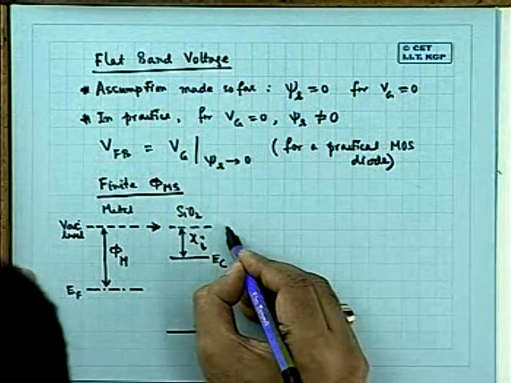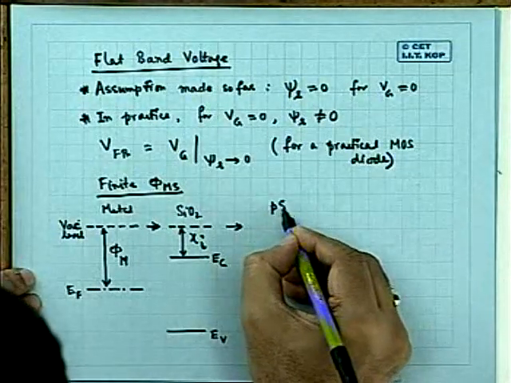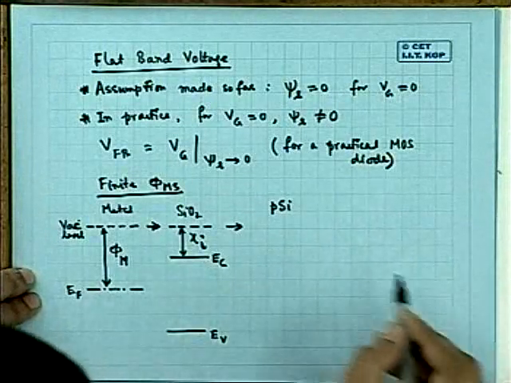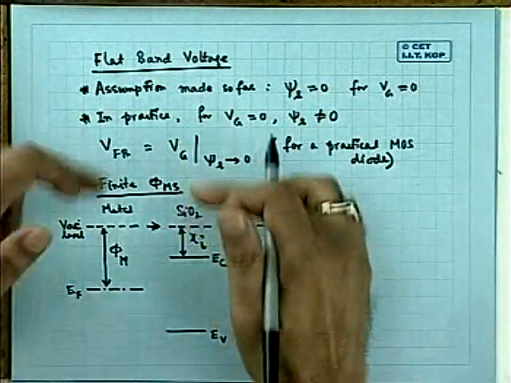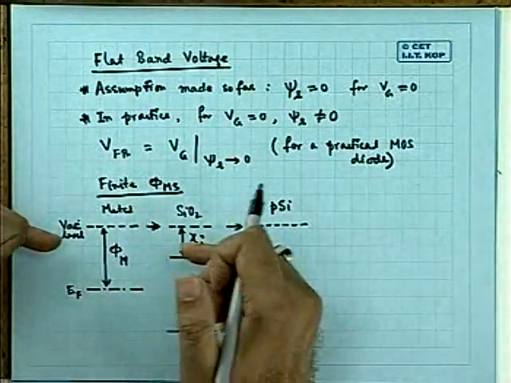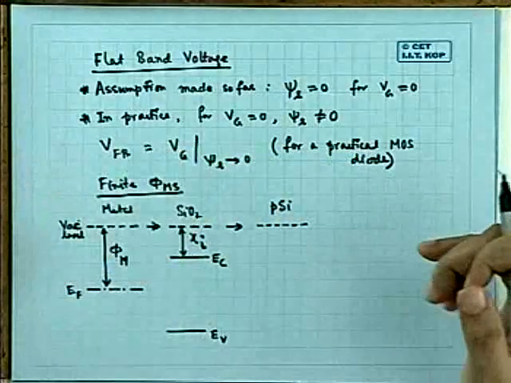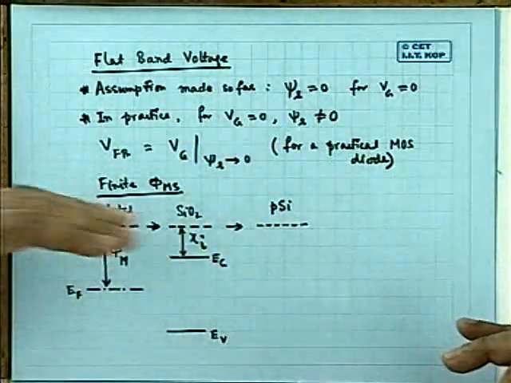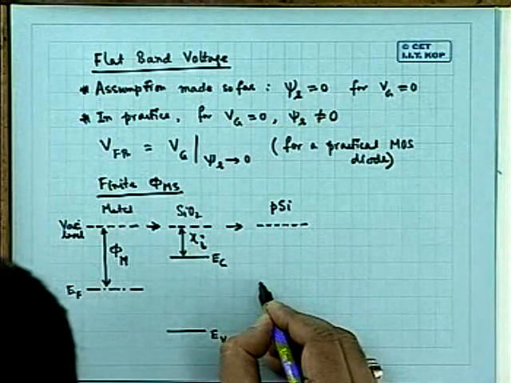Whereas for the silicon semiconductor, we are considering P silicon in our example. Again, somewhere. While drawing independently, I am assuming the vacuum level is a reference, so I have kept it constant. In practice, the Fermi level will be continuous. It will be something like this.